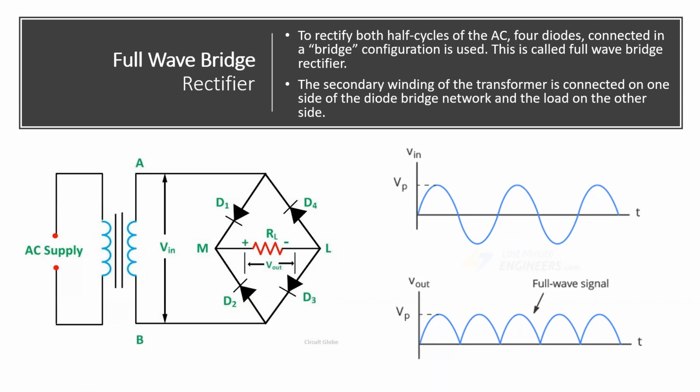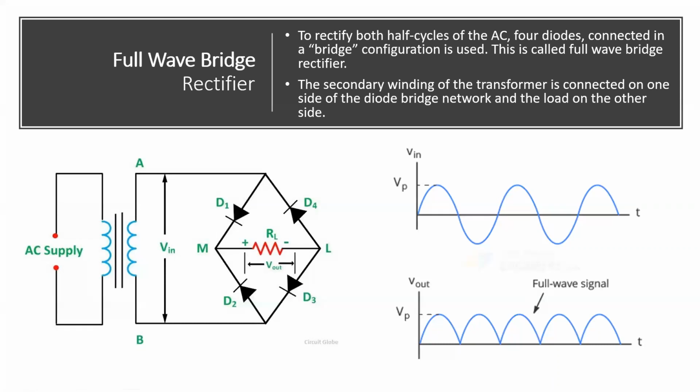Yes. Okay, so for a full wave bridge rectifier, you need to learn how to draw this diagram and how to draw the input and output. And maybe for the working principle, if you are asked, you may just tell that during the positive half cycle, diodes D1 and D3 are forward bias.